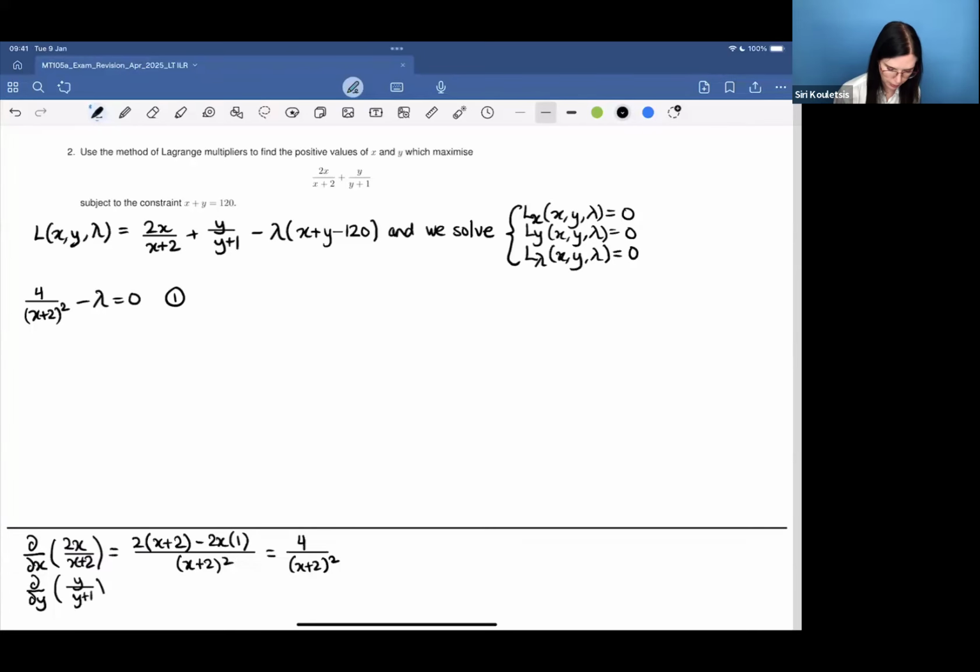And again, we could apply the quotient rule. So the derivative of the numerator times the denominator minus the numerator times the derivative of the denominator, and then we square the denominator. And you see again here that it's y plus 1 minus y, so it's just 1 over y plus 1 all squared.